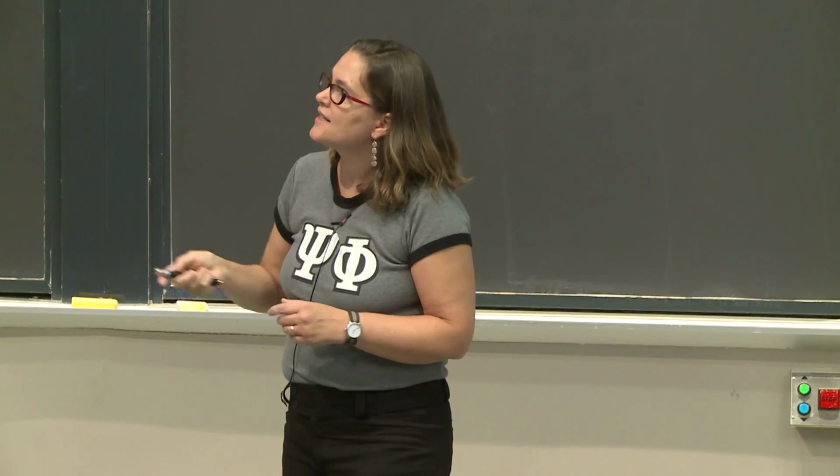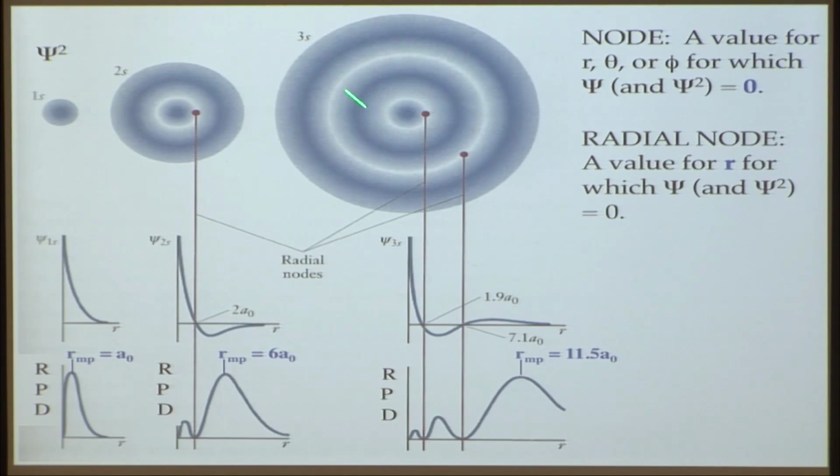For 3s, we see the same thing, but now we have an intense spot in the middle, near the nucleus. That is indicated down here. There's probability of finding the electron near the nucleus. Then there's a node, and that's in this plot where it crosses the line, and in this plot where you have the empty space. Then you have more probability of finding the electron.